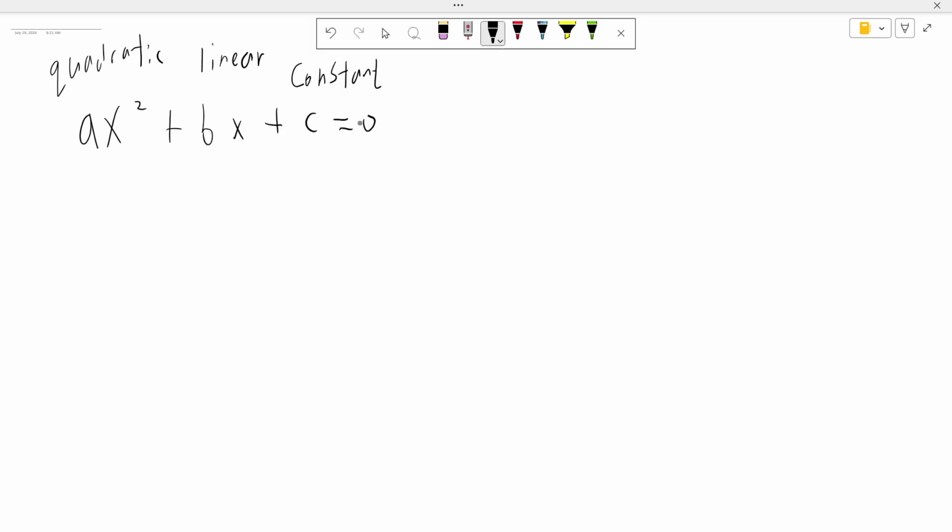Now, this is also called a conditional equation because in here, you're actually trying to solve for x. So you have to find some value for x that's going to make this equation true, right? So that's going to become important a little bit later. So how do we solve this?